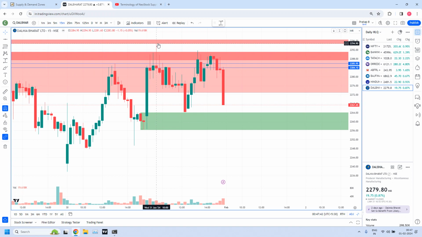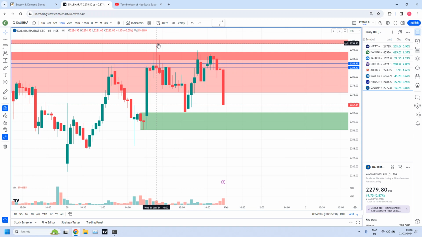Okay, Dalmia Bharat has given a profit of 7,625 rupees, which is a 6.8% return on the investment as per one future slot. See what happened today. 4 different types of trades happened today. Dr. Reddy Labs trade is based on the rejections.